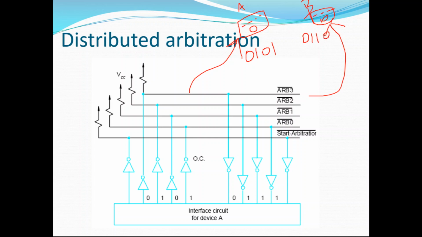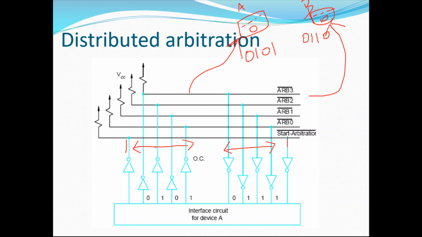Now see, there are two kinds of lines: one is the input line, another is the output line. These 4 lines are the input lines, whereas these 4 lines are the output lines. This is arbitration, this is also arbitration. For each device there will be 4 input lines and 4 output lines.